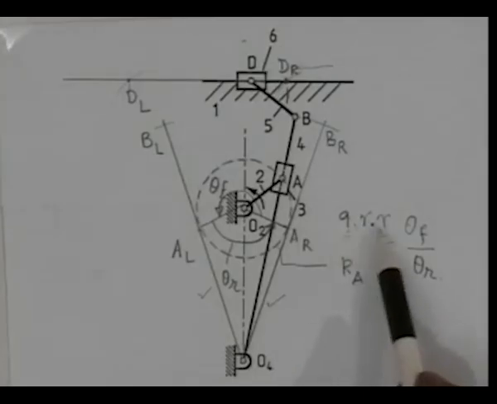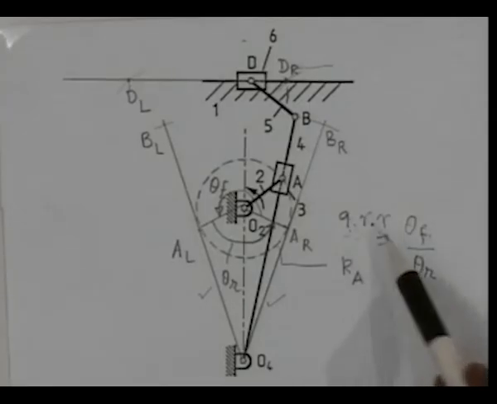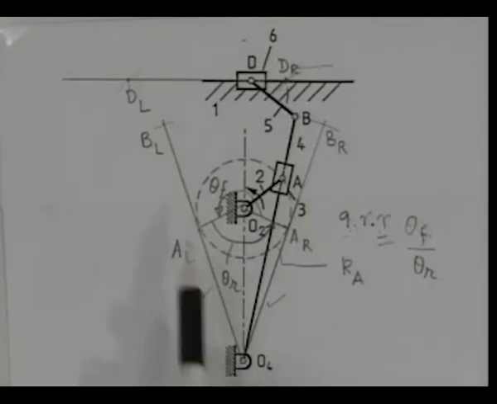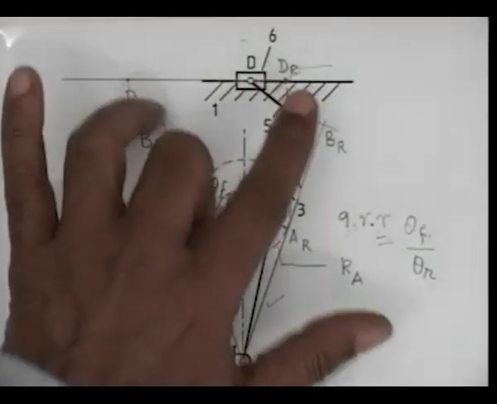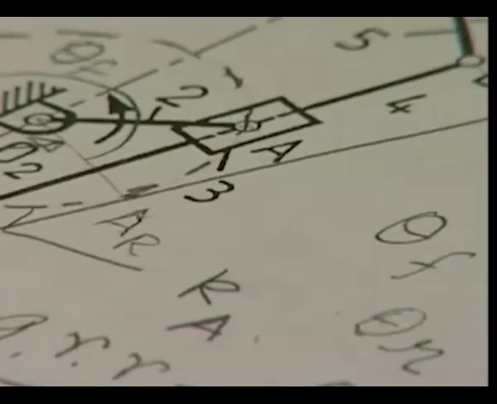Consequently, QRR, which is theta F by theta R, reduces when both of them tend to the same value 180 degrees. That is, this mechanism is okay for producing quick return effect so long as the stroke of the tool is sufficiently large, and the quick return effect continuously decreases as the stroke length of the tool decreases.